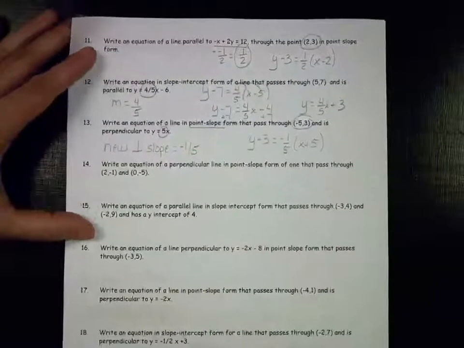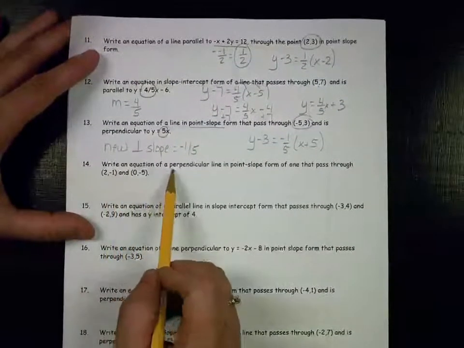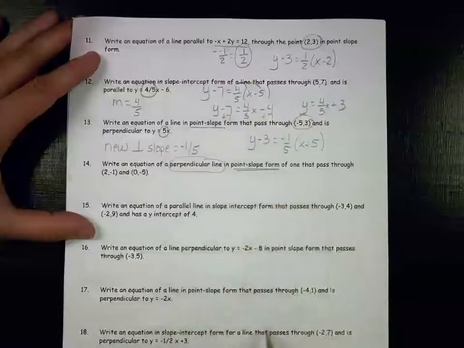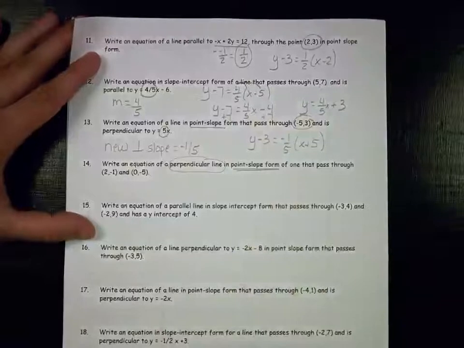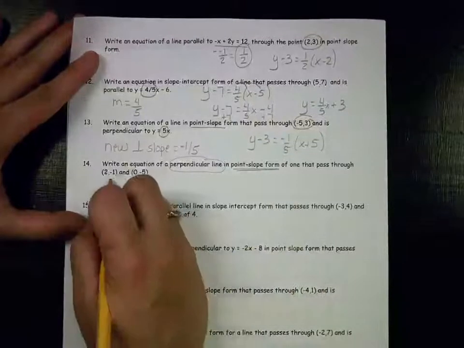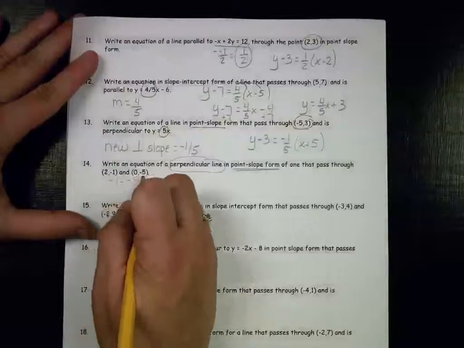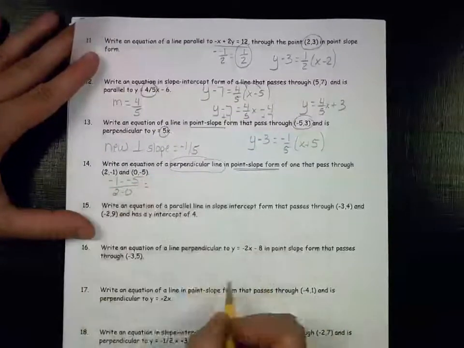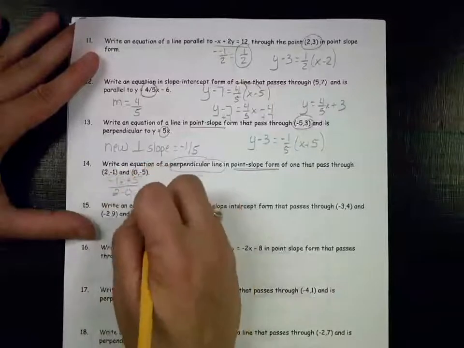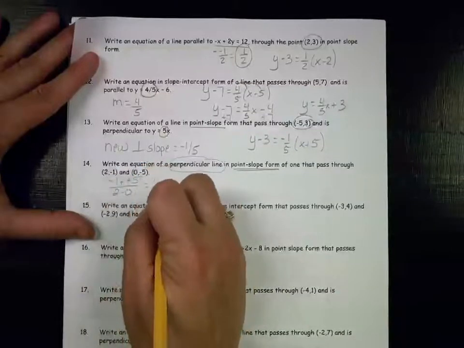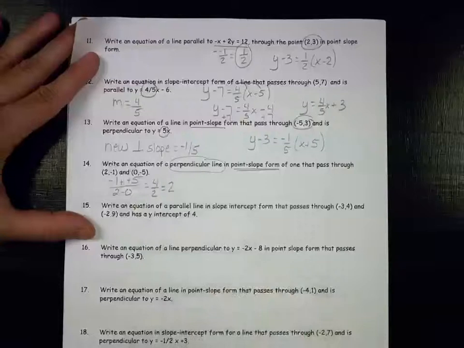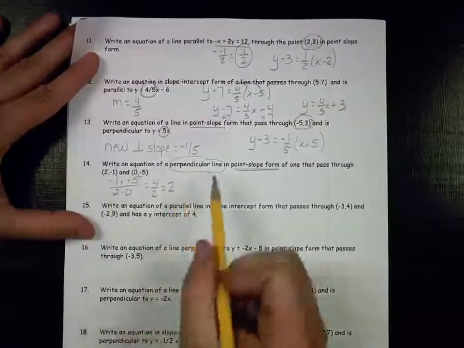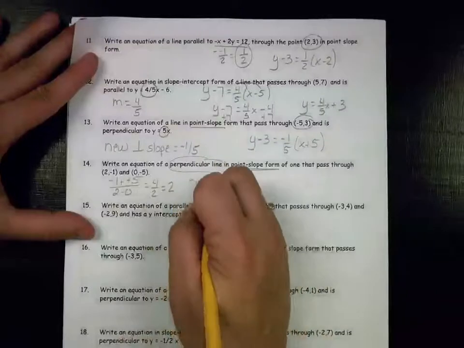14, write an equation, perpendicular line, point slope form, passes through these 2 points. So for the slope, negative 1 minus negative 5 over 2 minus 0. You zip zap that, you get 4 over 2, which is 2. Now in this one, we were asked for a perpendicular line.